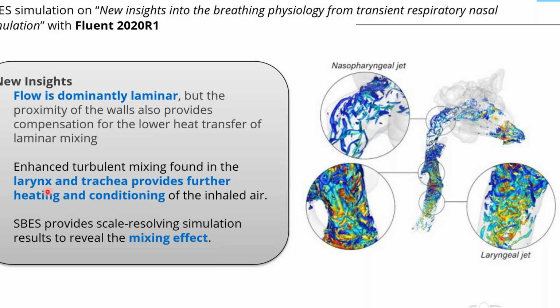When the flow rate increases, there's enhanced turbulent mixing that occurs in the larynx and trachea, and this provides further heating and conditioning of the inhaled air. The SBES provides the scale resolving simulation results to reveal this mixing effect.